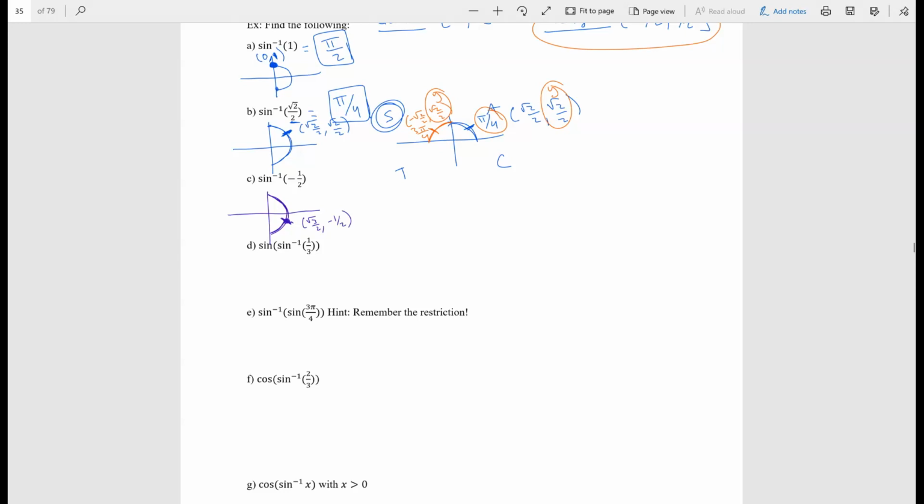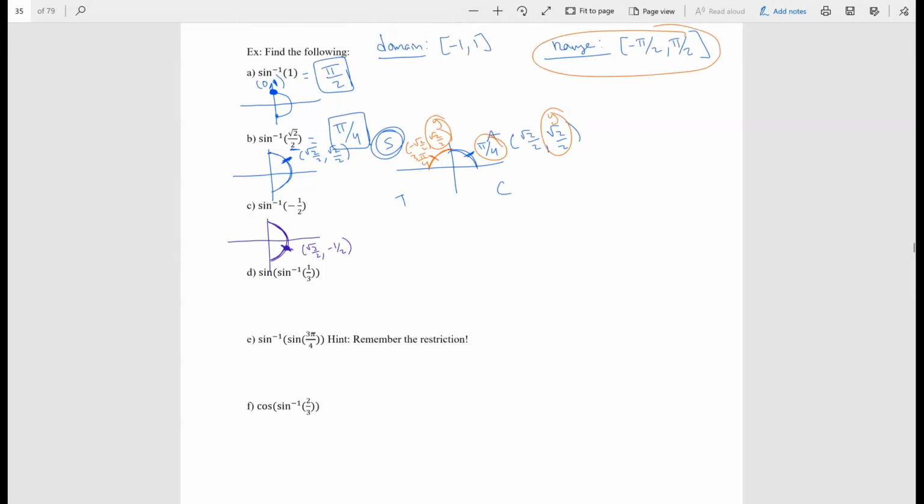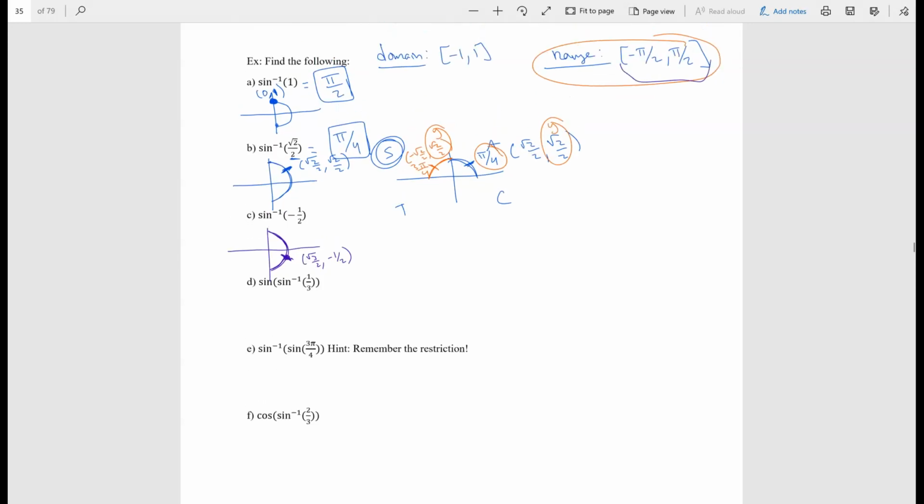Now that's not correct. It's not 11π/6, because remember the restriction is between -π/2 and π/2. So if this is 0 radians and right above it is π/6, then right below it is going to be -π/6.